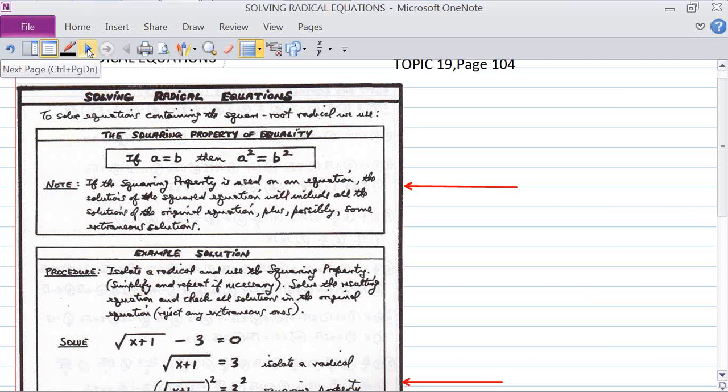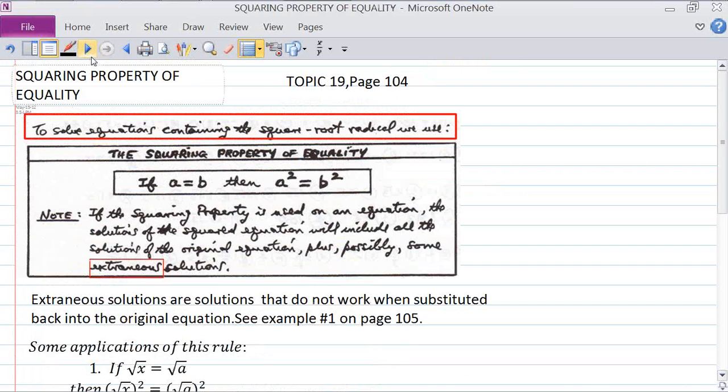So first of all, let's go to the squaring property of equalities. To solve equations containing the square root radical, we use this squaring property. If we know that A equals B, if we square the left side, we get A squared.